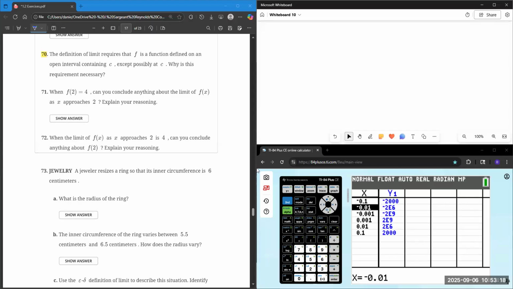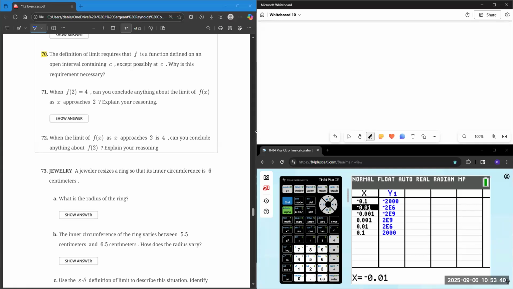So I need all those points around C to be there in any interval that is close to C, and I need all the points around f of C to be there within the defined amount of error.